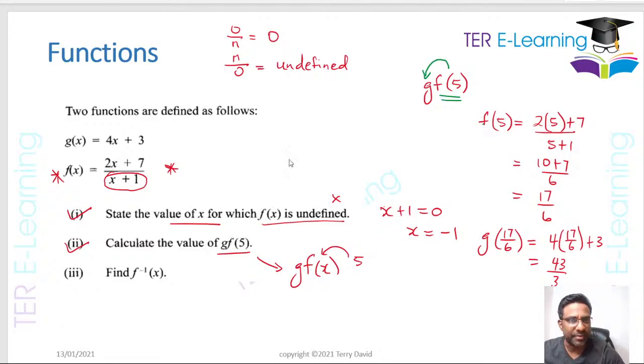It's 2x plus 7, so 2 5s are 10 plus 7, that's 17, and 5 plus 1 is 6. Okay, that seems okay. I just found the answer looked a little strange. So you worked out g of 17 over 6, and what that means is that my answer, gf of 5, is equal to 43 over 3. And that's my answer there.